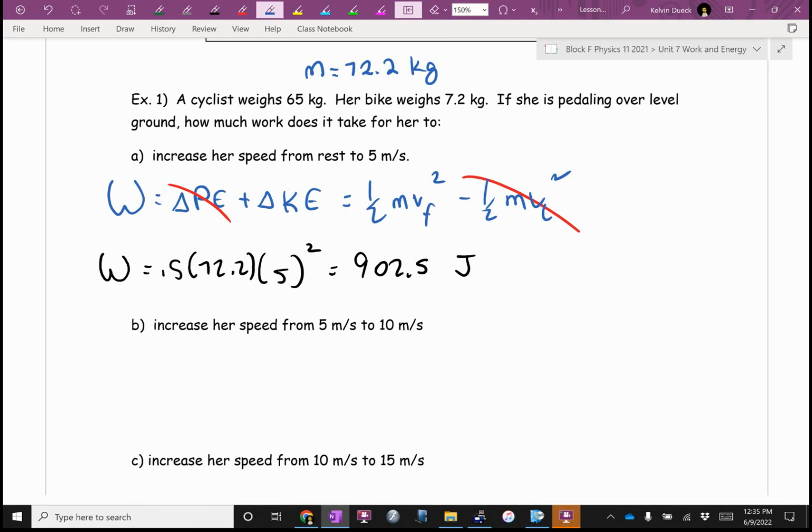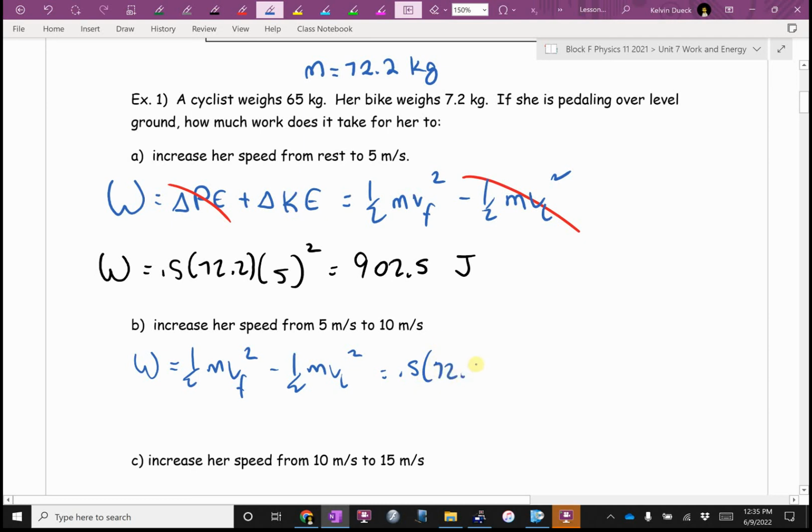So this is what I would write down. Work equals a half mv final squared minus a half mv initial squared. It's going to be 0.5 times 72.2 times 10 squared minus 0.5 times 72.2 times 5 squared.